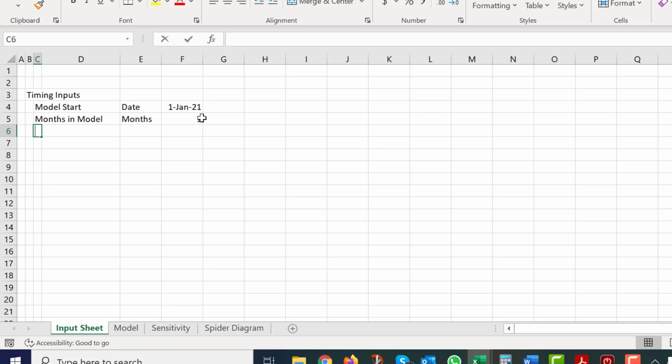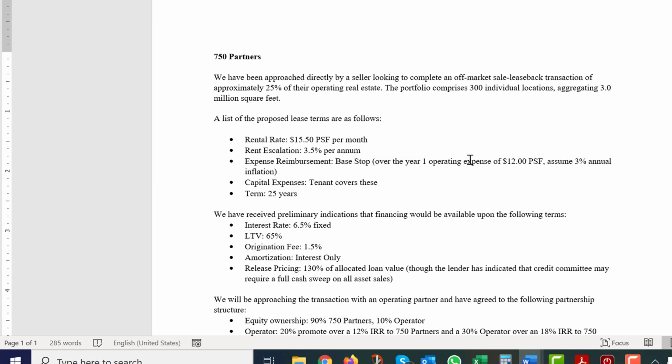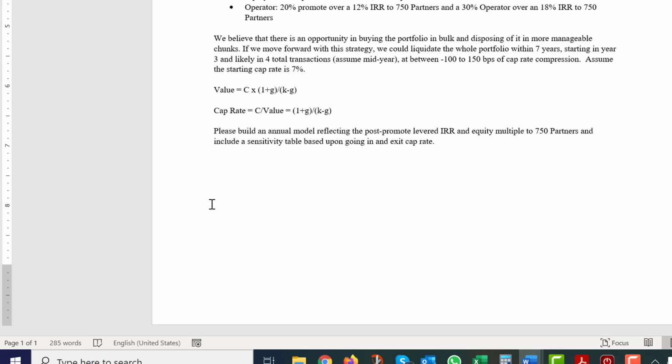And then we can put the term, and we can put that in years. If we look at our assumptions again, it says term 25 years, even though we want to be out of this in 7 years.